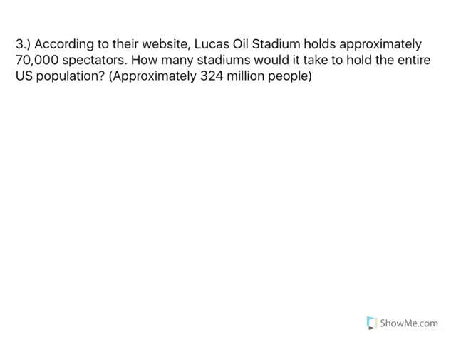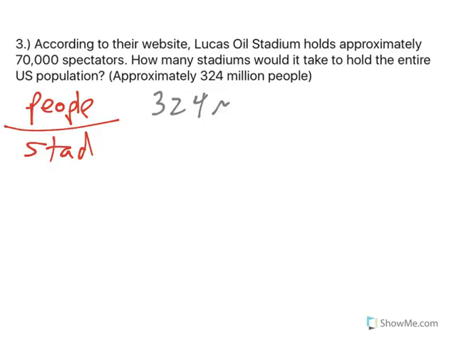So as soon as you start splitting people up, you're dividing. So people divided by stadiums. So we know that we have 324 million people, and we have 70,000 spectators. So let's go ahead and put these in scientific notation.